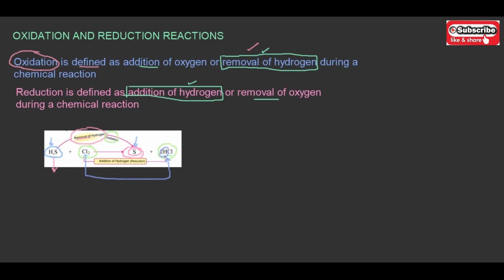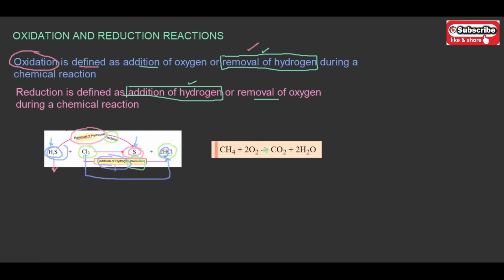This hydrogen atom is being added from the hydrogen sulfide. So this was an example of loss or removal of hydrogen atom and addition or gain of hydrogen atom. As you can see, addition of hydrogen has occurred at the chlorine atom. It means hydrogen atom is being added to chlorine. So this is reduction.